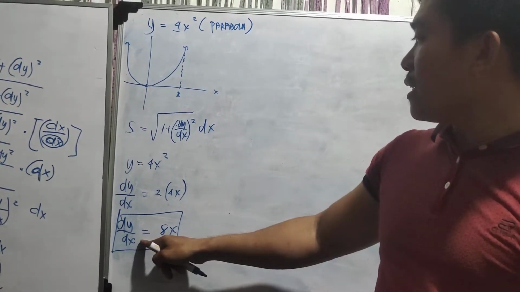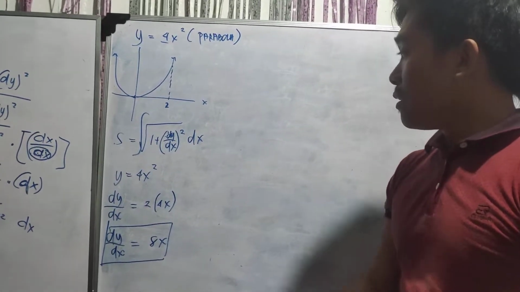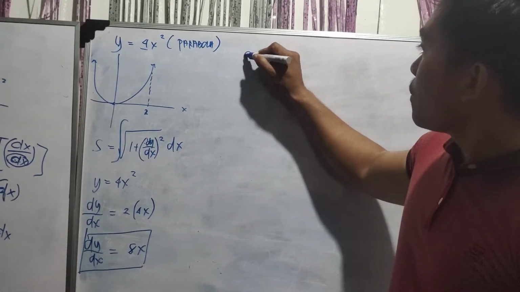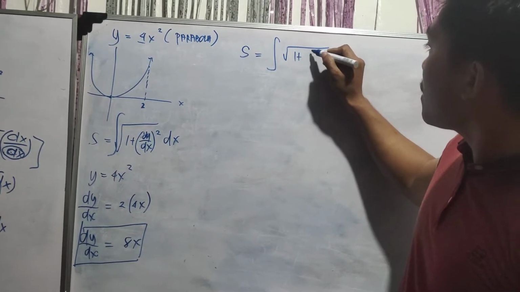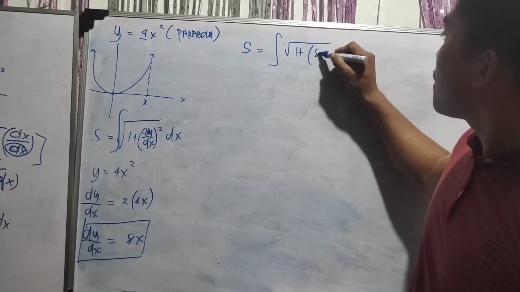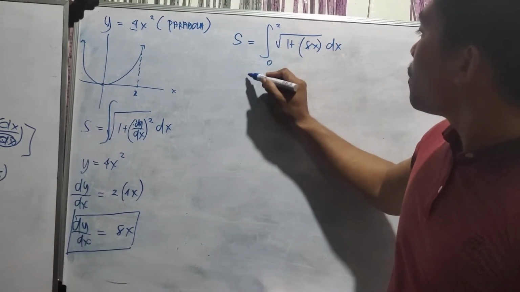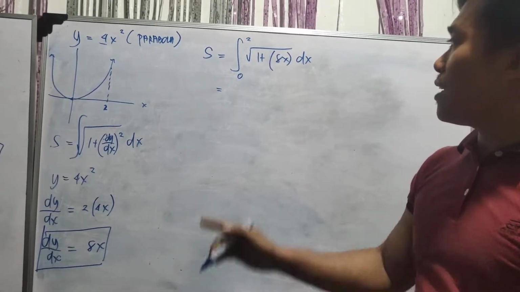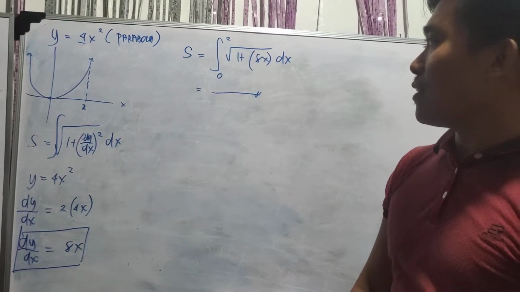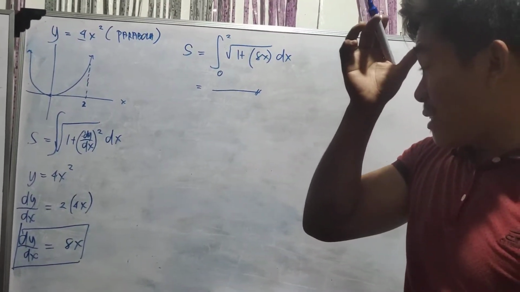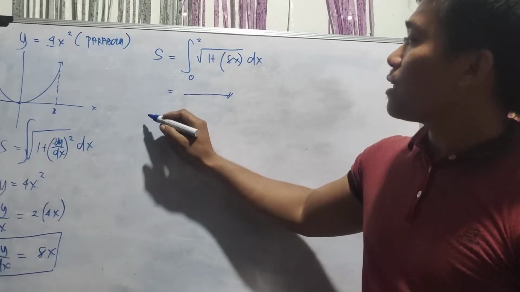Now, yung value na yan, pasok mo dun. Sorry, I forgot to put the integral. Okay? So, arc length is just the integral of the square root of 1 plus y prime, which is 8x squared, dx, from 0 to 2. Of course, huwag ka naman mahirapan pa. Input mo niyan sa calcu. Okay? But if you're to integrate it, maybe you can use trigonometric substitution.